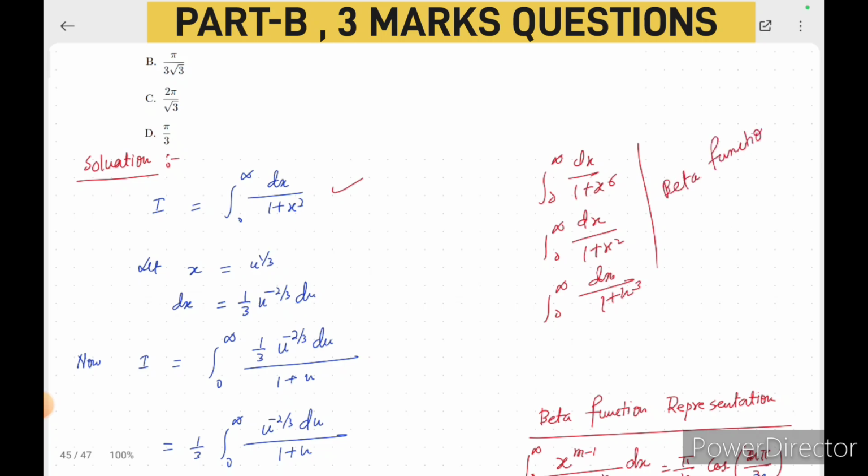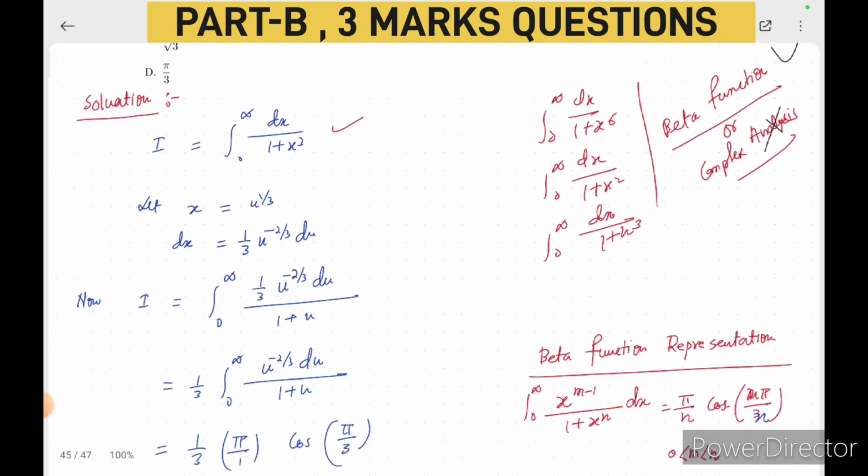Otherwise you use the complex analysis method, residue calculations, but here we use the beta function method, not the complex analysis method. This is actually a long approach for solving this type of question.